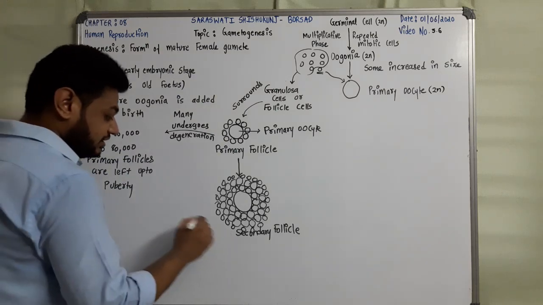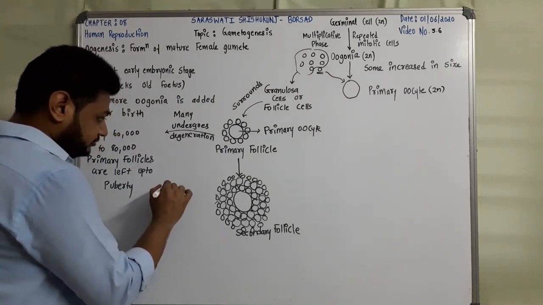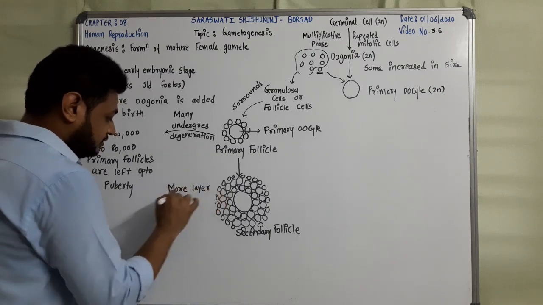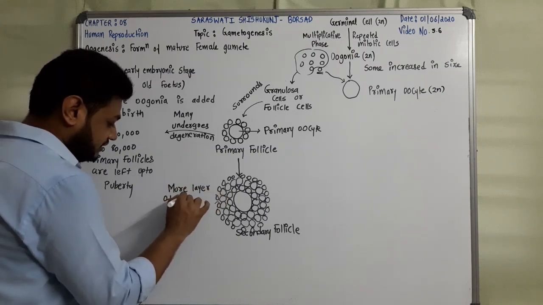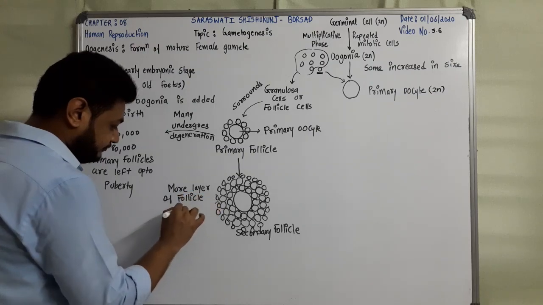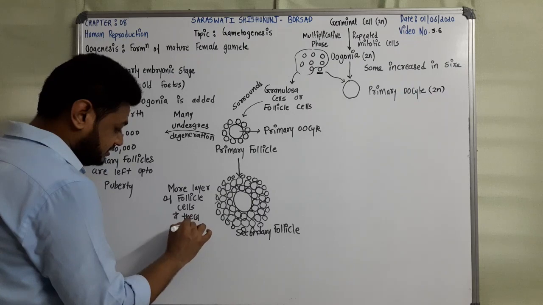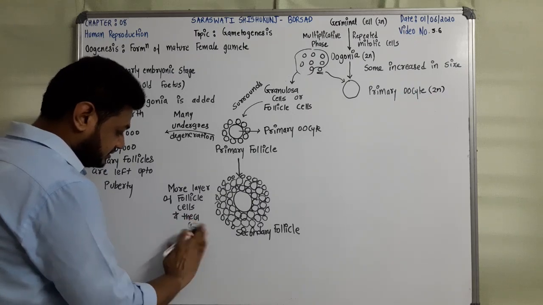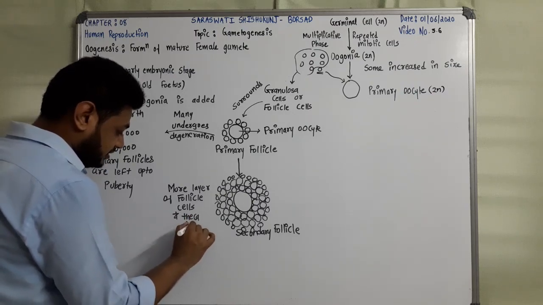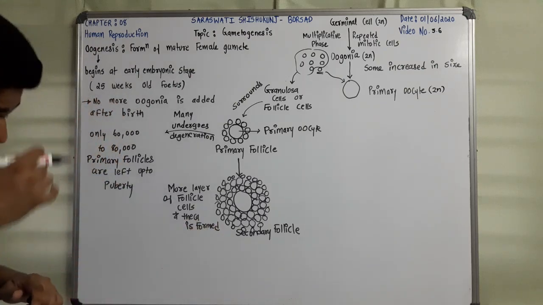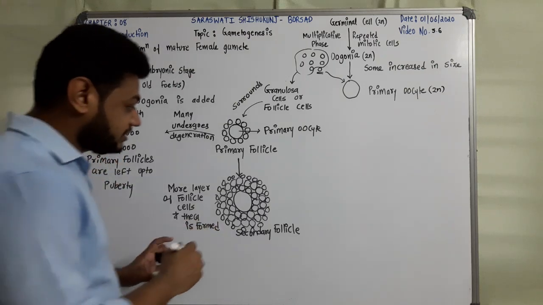So in the secondary follicle, more layers of follicle cells and theca are formed. Now this theca is endocrine in function. What happens after this?